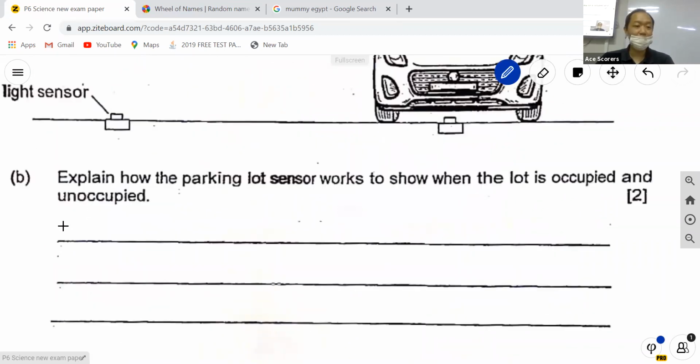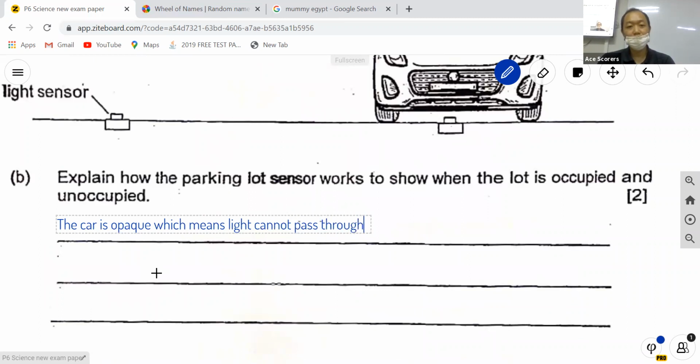So the keyword is the car is opaque, which means light cannot pass through.